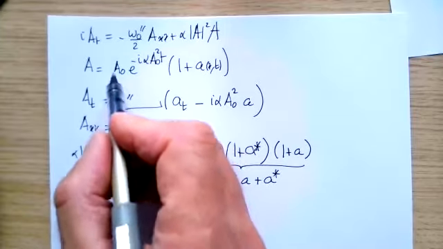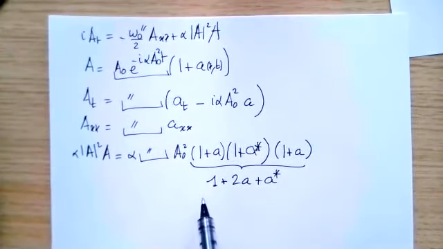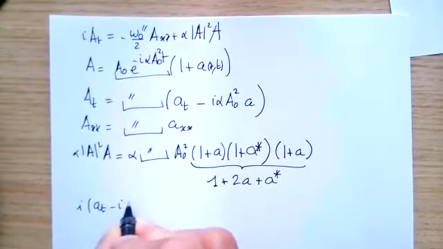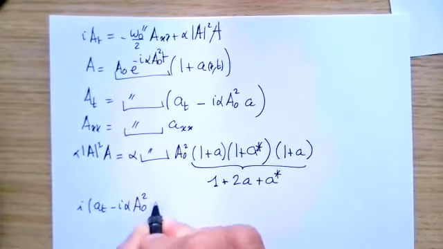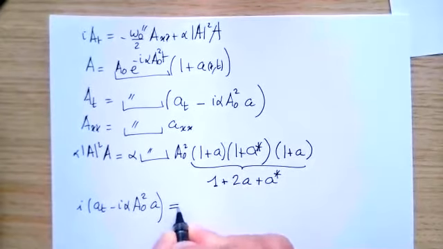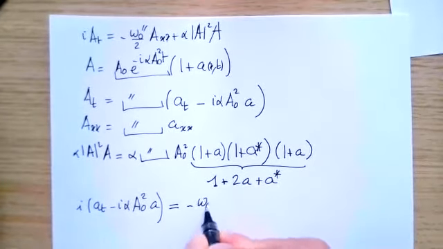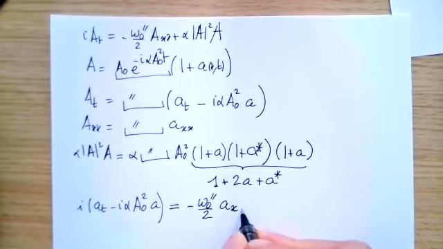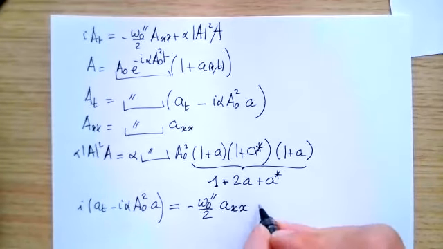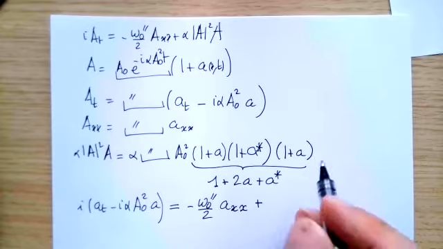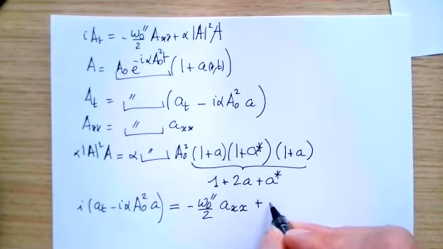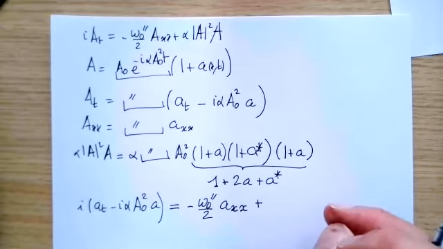So knowing that all these guys always factorize out, it remains i a_t minus i alpha, okay, equals minus times a_xx plus, so remains, what do I have wrong?